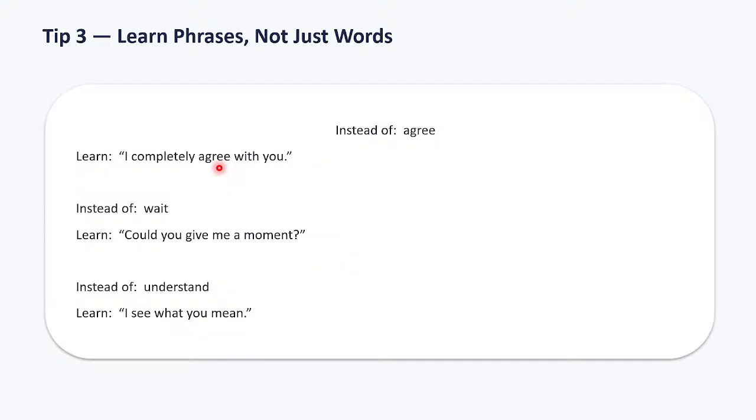Like this, learn the phrases, not just the word. In which kind of sentence that particular word would be used, that is important. So learn phrases. Instead of wait, learn could you give me a moment, could you wait for a while.